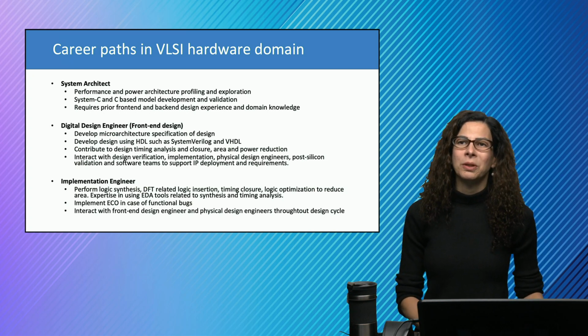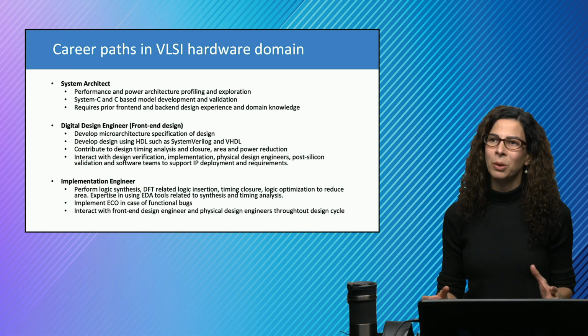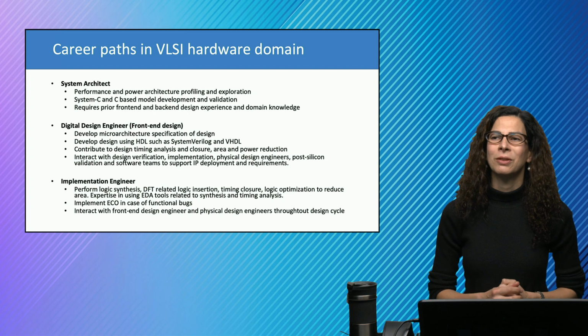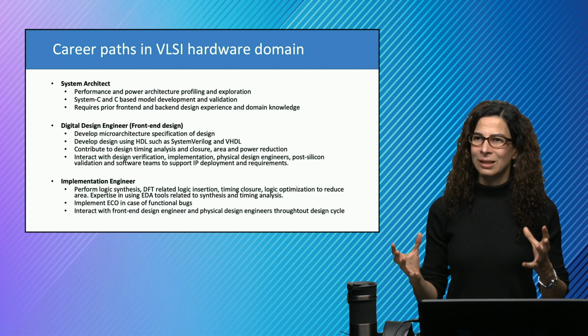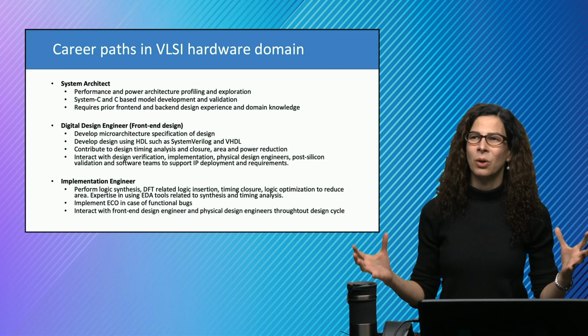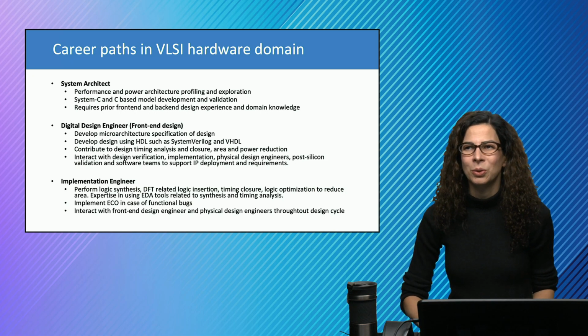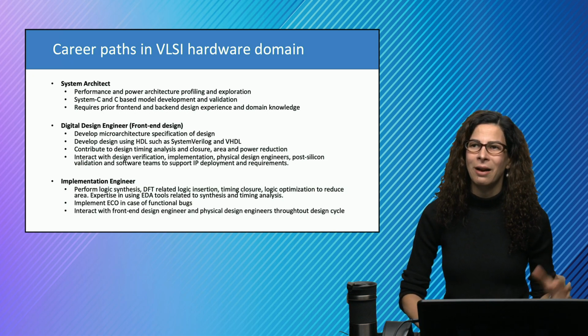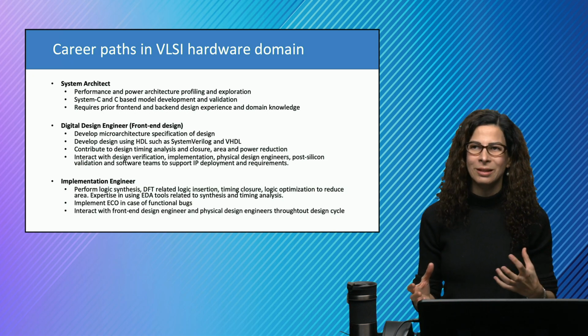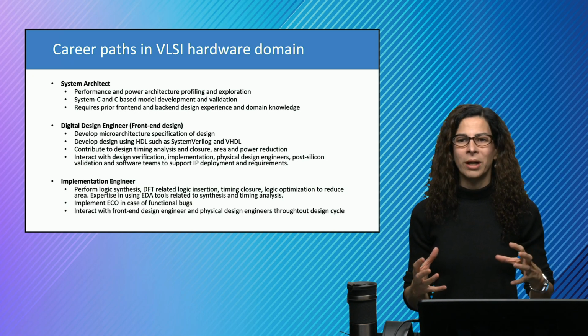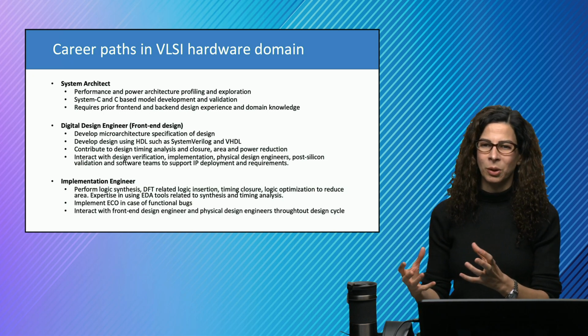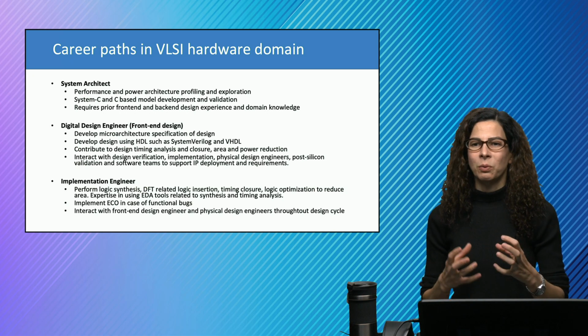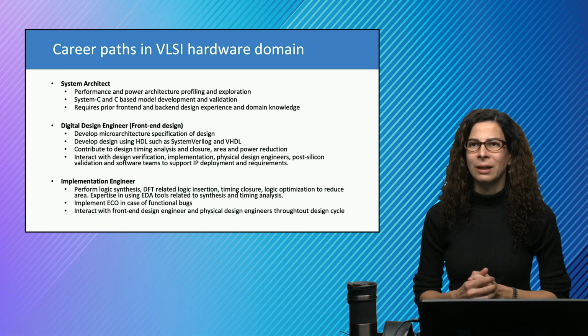You could go into system architecture. In the previous set, I showed you a Snapdragon whole-chip system. In order to design that, you need to have an understanding of the whole system. For example, where the processor goes in, where the memory goes in, and where all the peripherals go in.